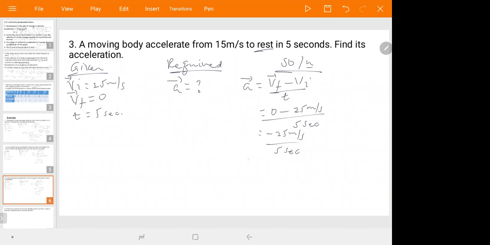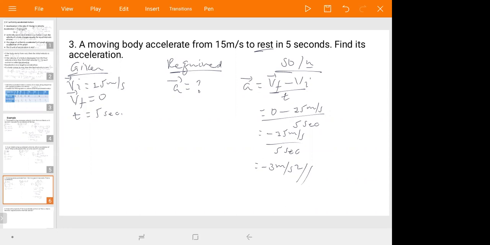When you divide negative 15 by 5, you get negative 3 meters per second square. The acceleration of this body is negative 3 meters per second square, which shows deceleration. Do you have any question on these points?